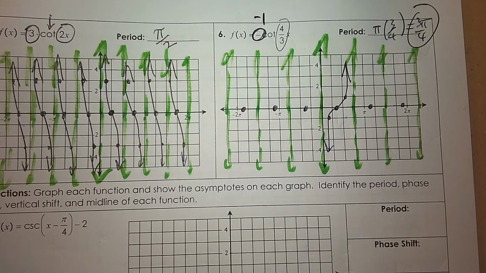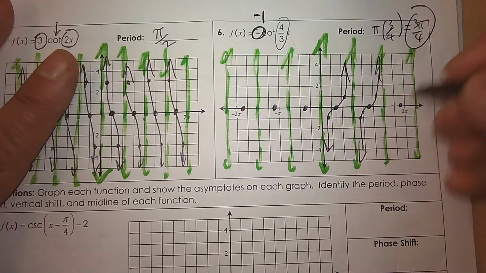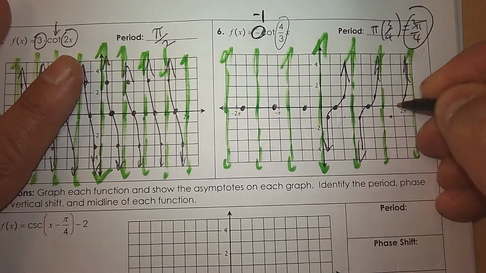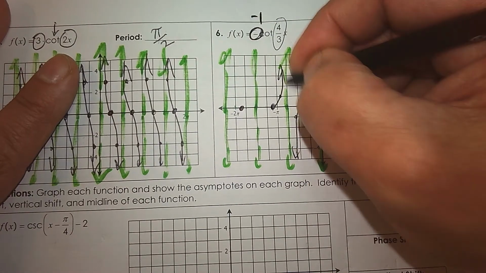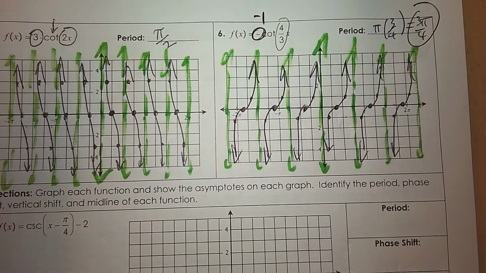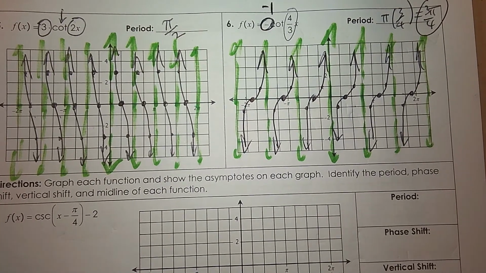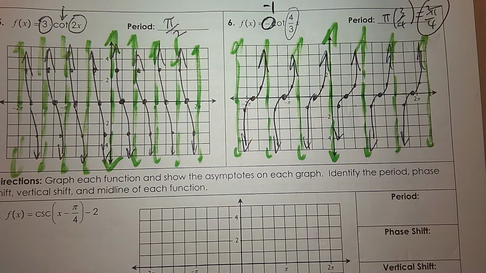Now cotangent's going up to the right and down to the left. Do you know why now it curved in the other direction? Because cotangent was negative in front. It reflected it.